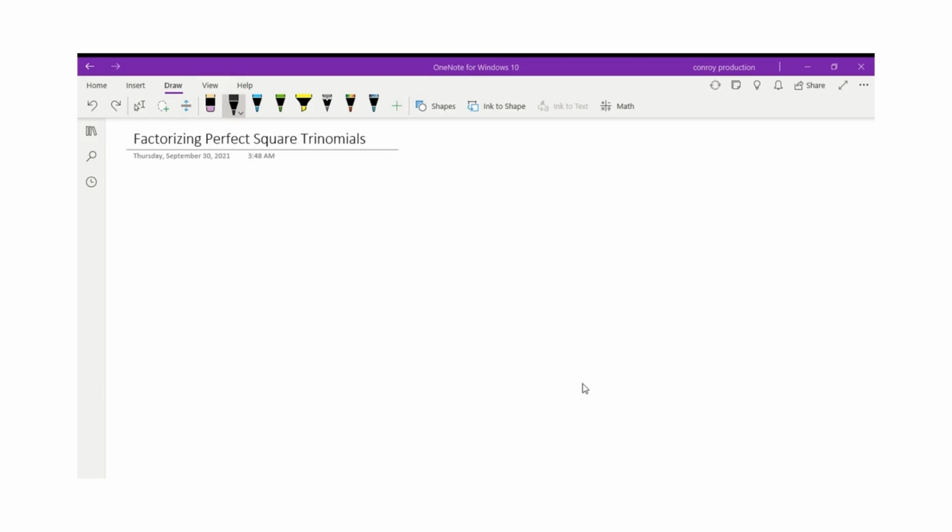In today's video, we'll be looking at factorizing a few perfect square trinomial examples. And we do have a formula to write. We'll write it here.